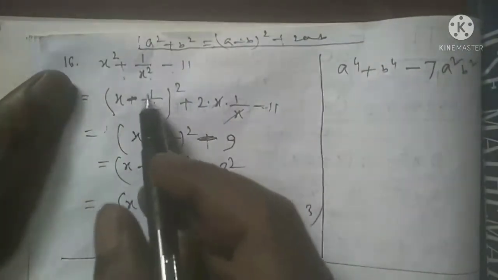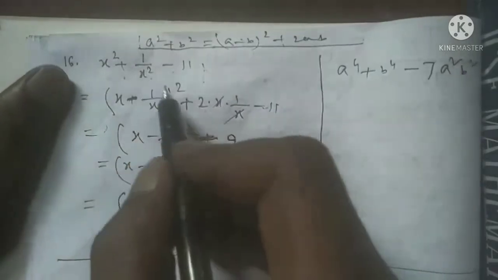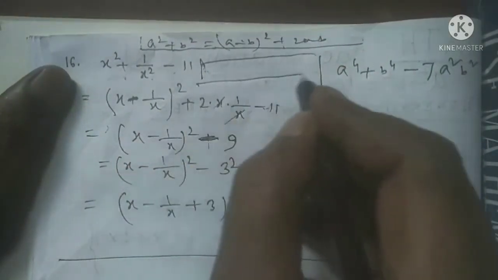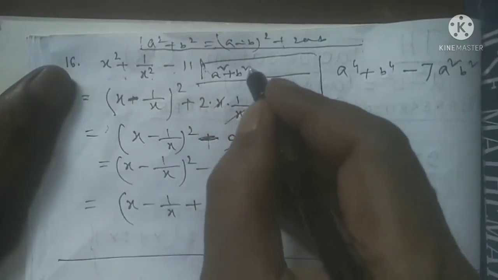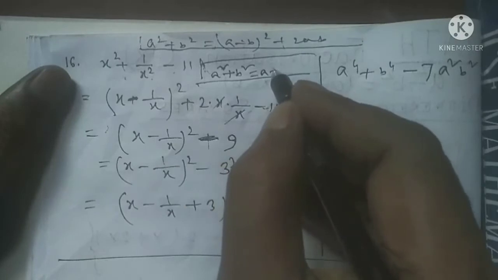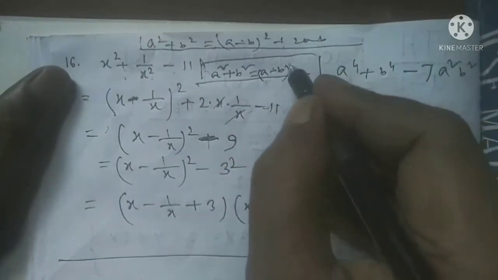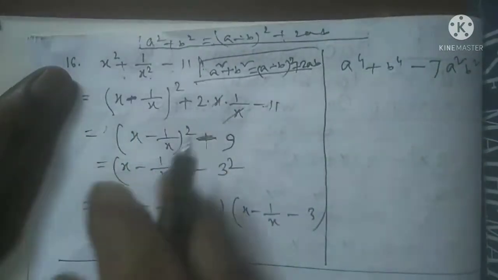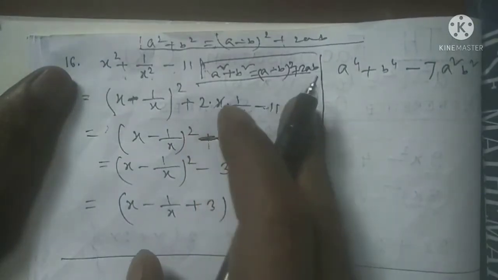That means here is x square plus 1 by x square. We can apply the formula, because, my dear student, the formula is a square plus b square equal to a minus b whole square plus 2ab.